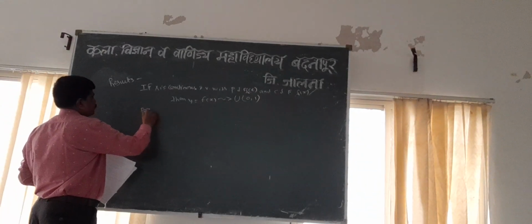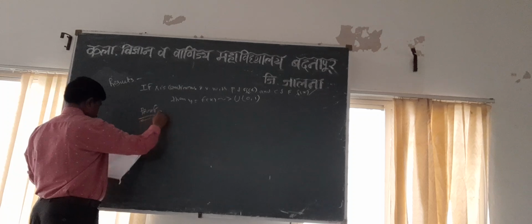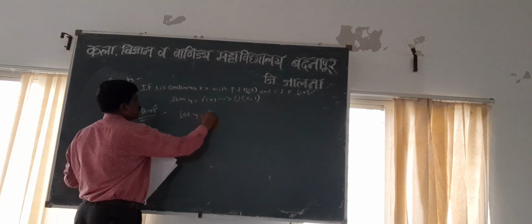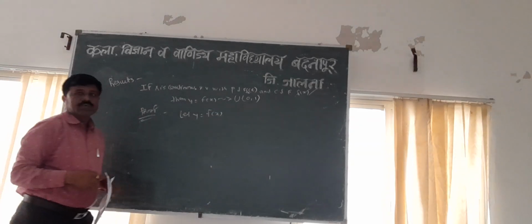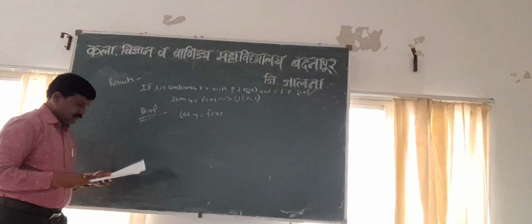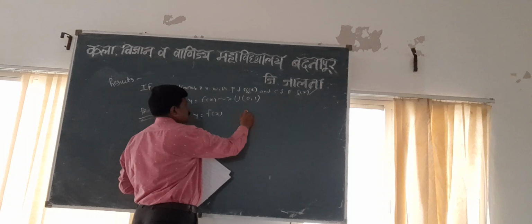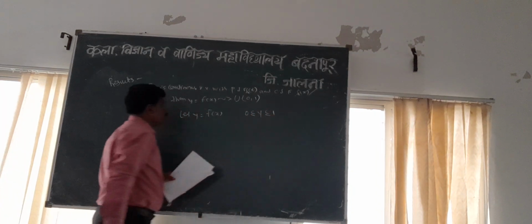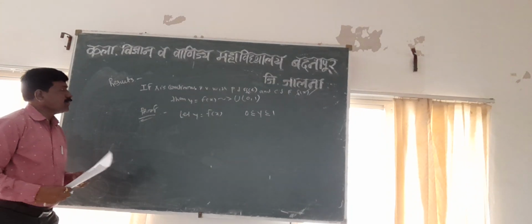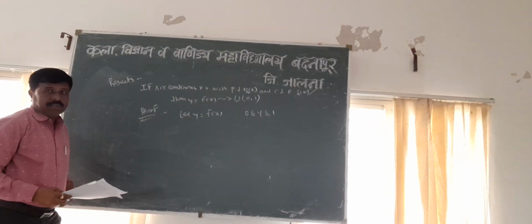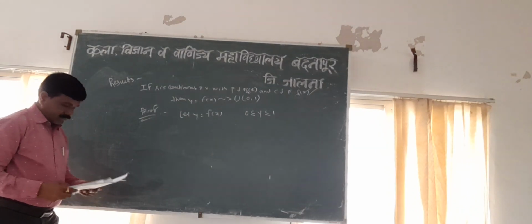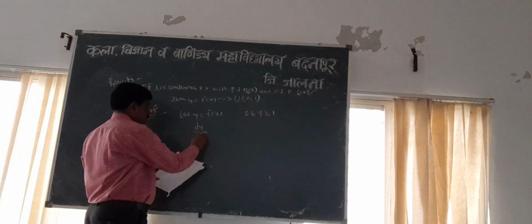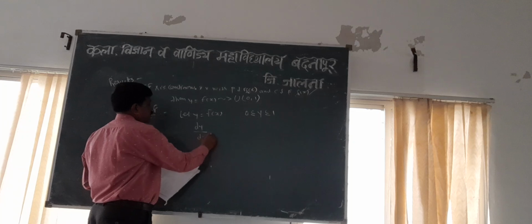Proof: let y equal to F of x, and the interval is 0 less than y less than or equal to 1. That is, the value of y is between 0 and 1.